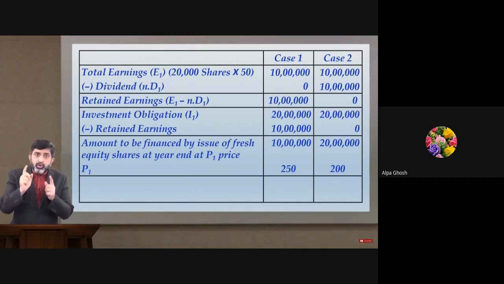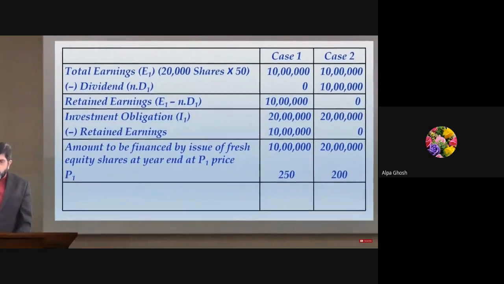However, the shortfall in case 2 is 20 lakhs, and to arrange that 20 lakhs, when you are issuing shares in case 2, the issue price P1 will be only 200. So the number of shares that you should issue will be 20 lakhs divided by 200, and once you get the number of shares to be issued in each of these two cases, we shall move ahead.